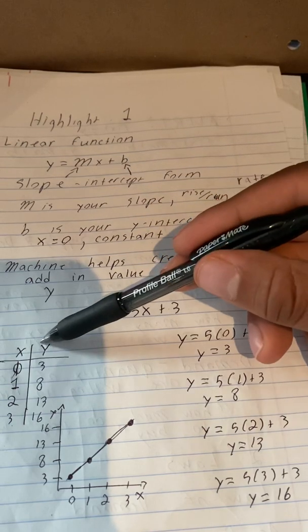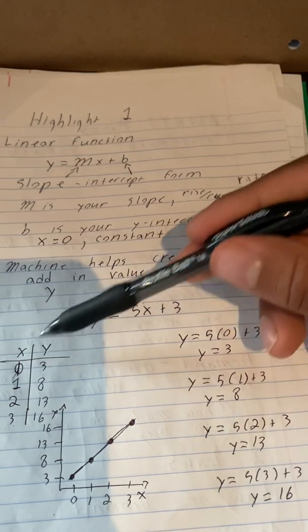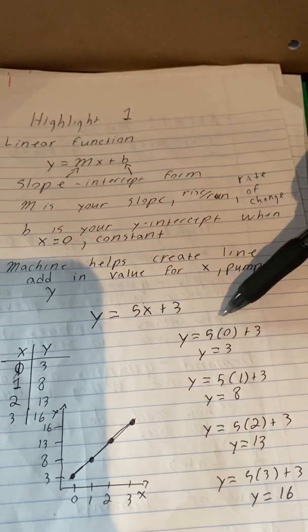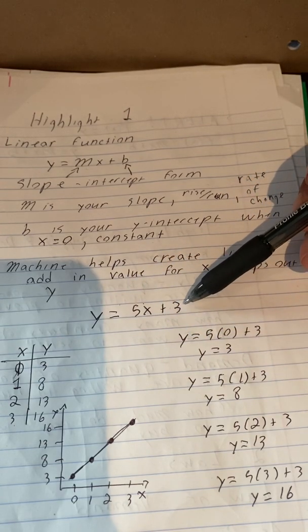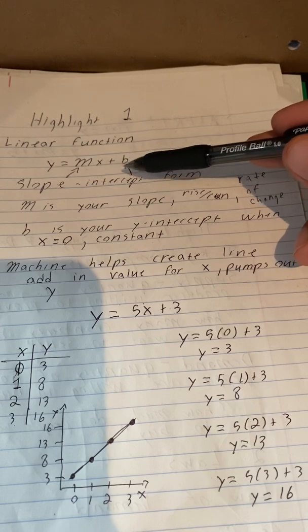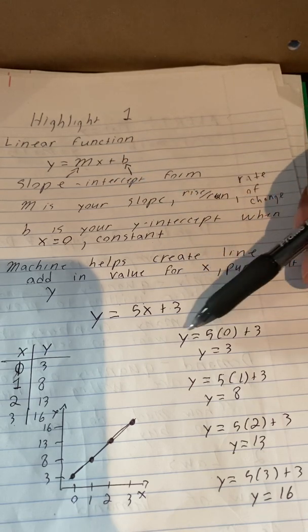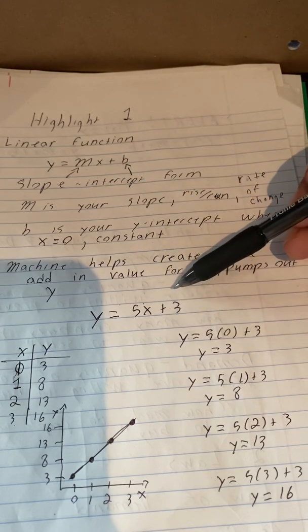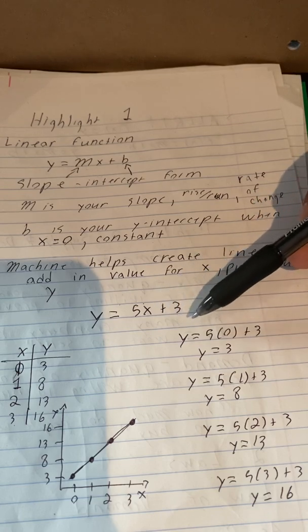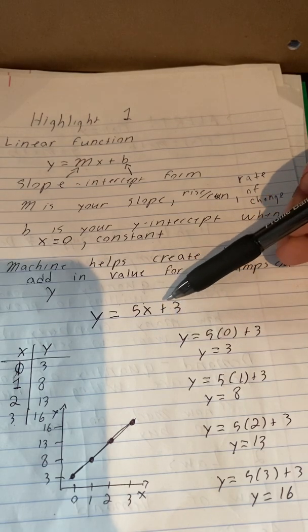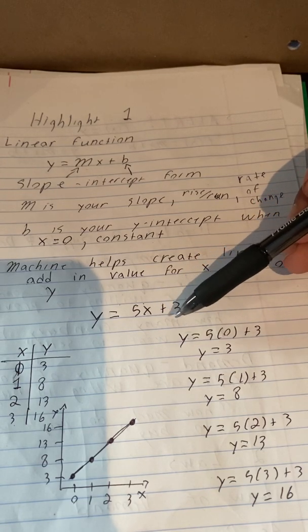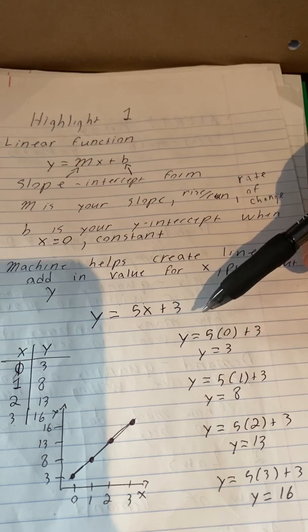You can see it right here. We plug in 0, we do the math, and then y is equal to this, which is your b. So when x equals 0, this never changes, which is why it's called a constant. Like I said, constant, b, your y-intercept when x equals 0, they all mean the same thing.